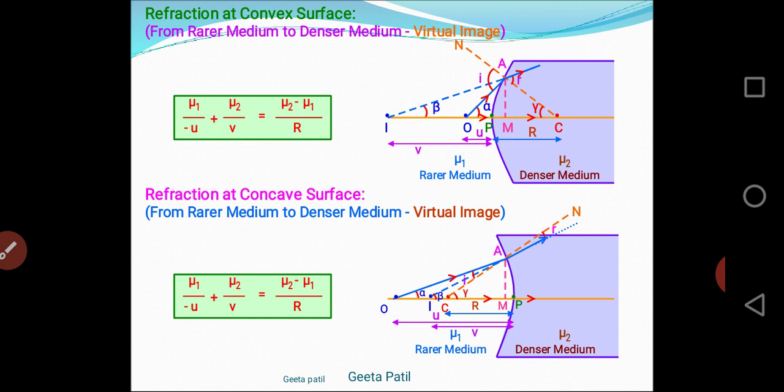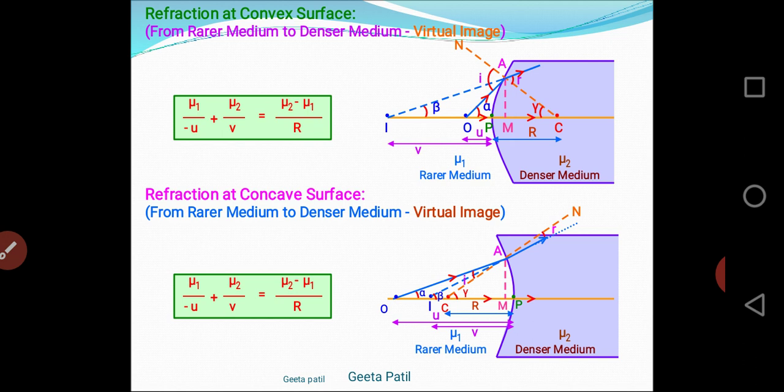A virtual object means when a converging beam of rays is incident on a spherical refracting surface, the point where the rays drawn forward meet is considered as a virtual object for refraction.